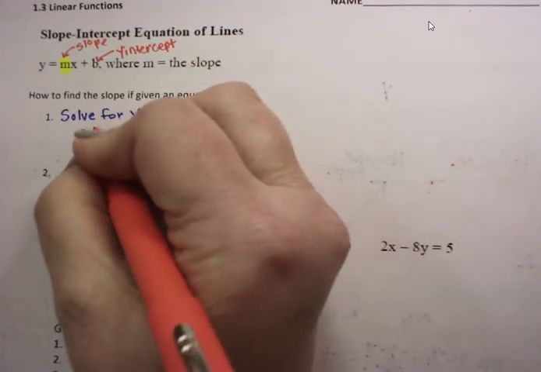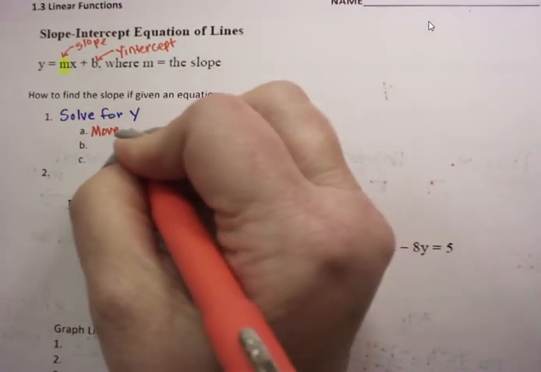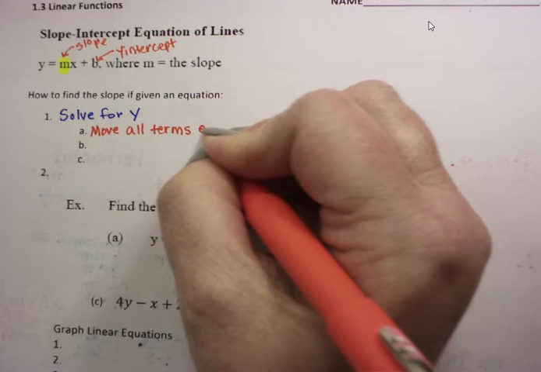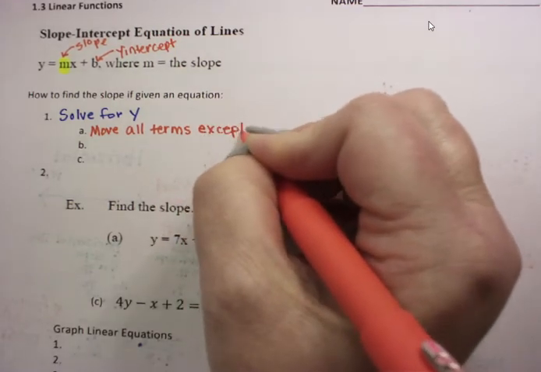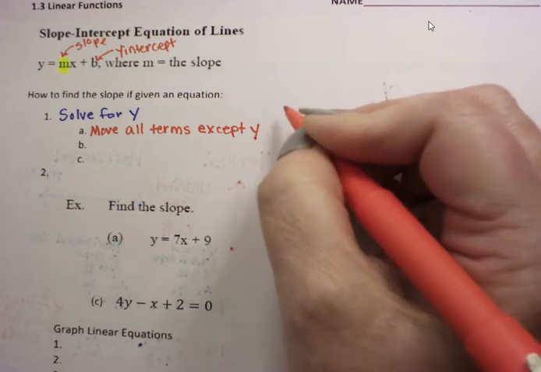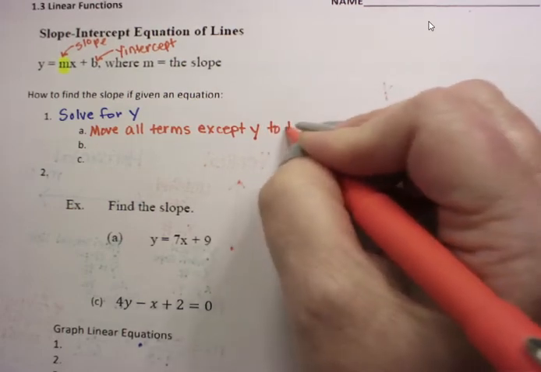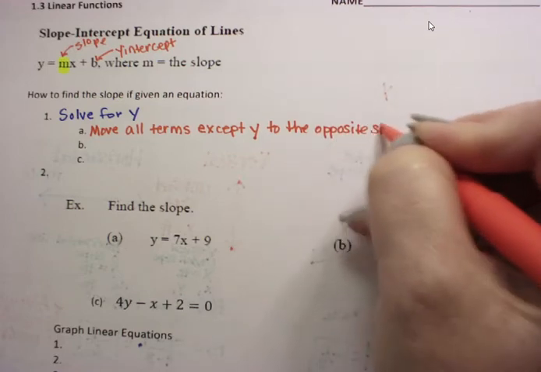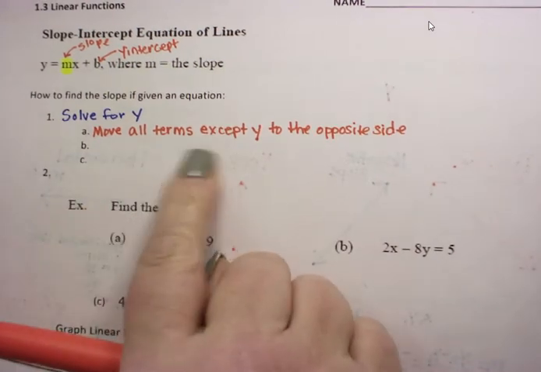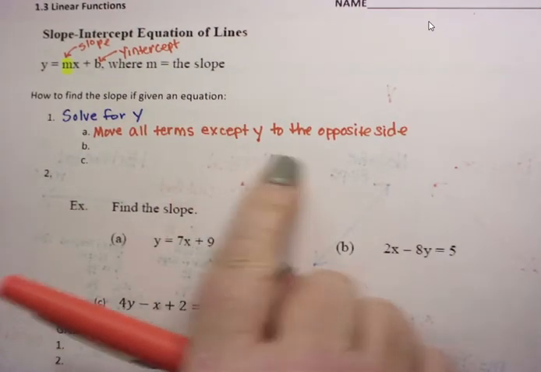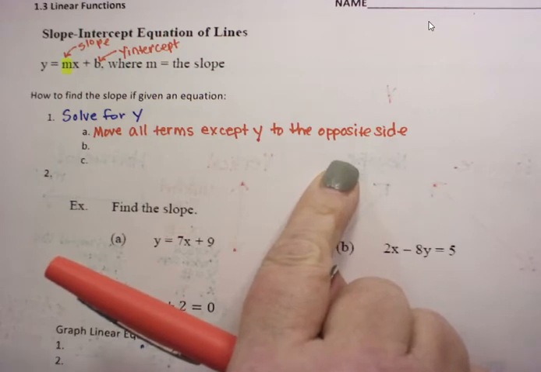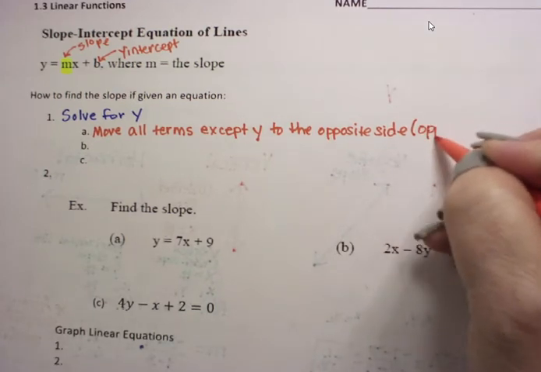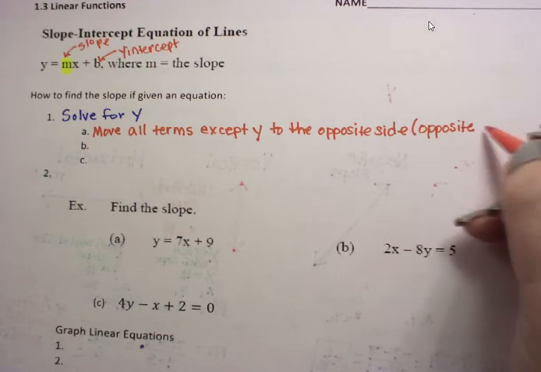First, move all terms except y to the opposite side. Now, when you move a term to the opposite side of the equal sign, remember that that means that you need to change it to the opposite sign.